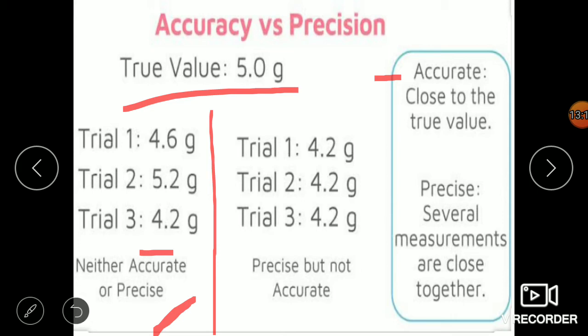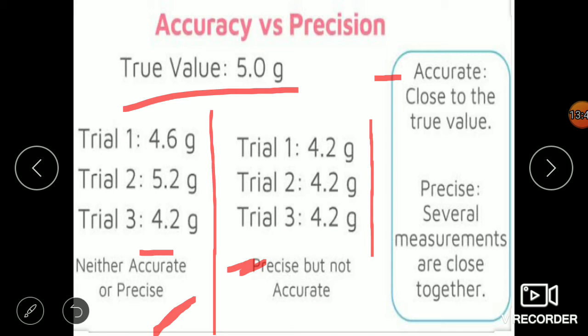Now another student has done the experiment, repeated 3 times, and got first trial 4.2, second trial also 4.2, third trial also 4.2. See here also the values are far away from 5, so the value is not accurate, but the values are the same, very close to each other. So these values are not accurate, but this is a precise value.